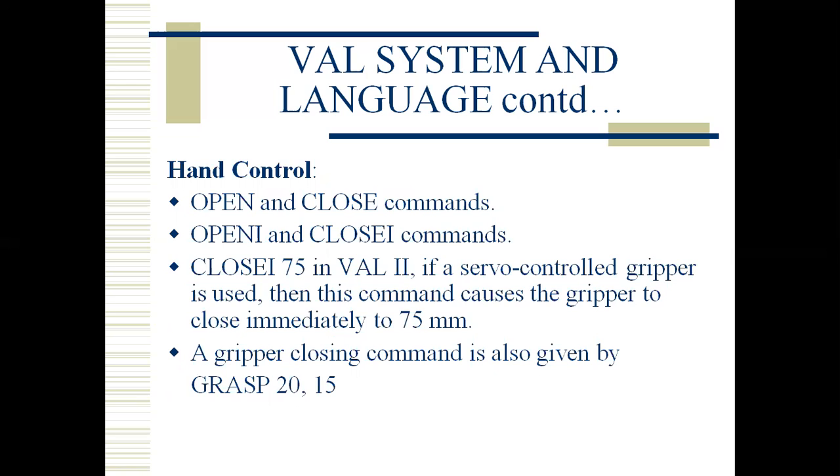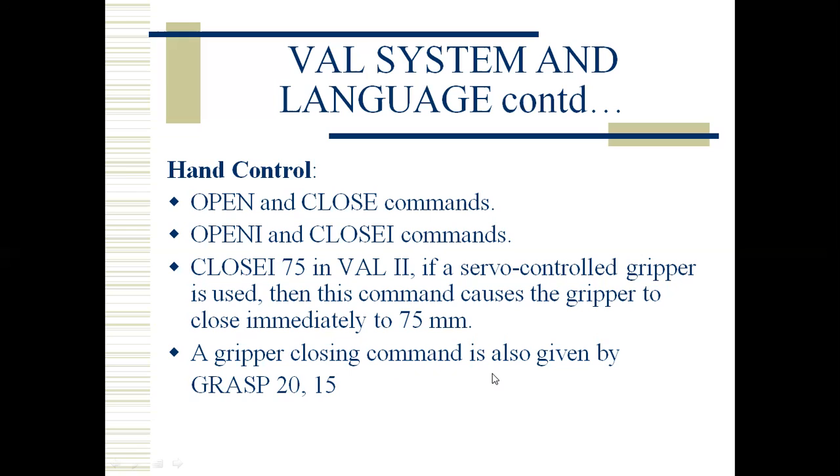And after replacing it with new raw material for processing, the chuck will again be tightened. So for that, open, close, and that will be released in our characterizations or commands utilized for automatic strategy. That's open I and close E, close I commands, which will be utilized in VAL2 programming.